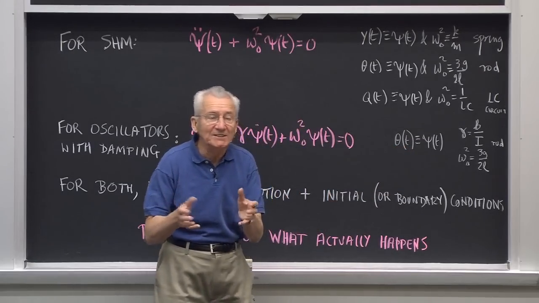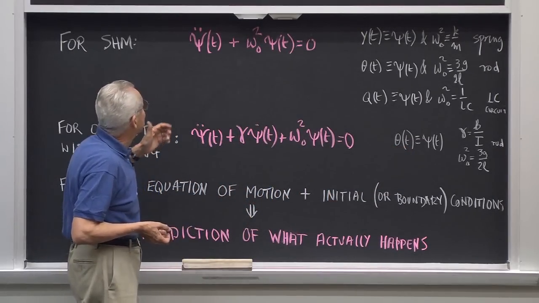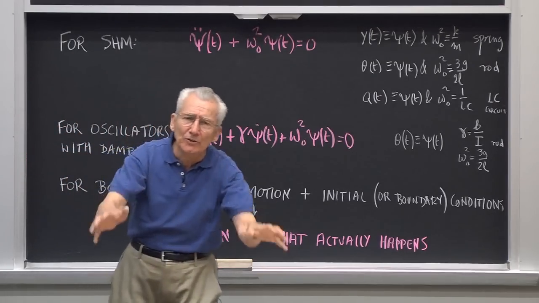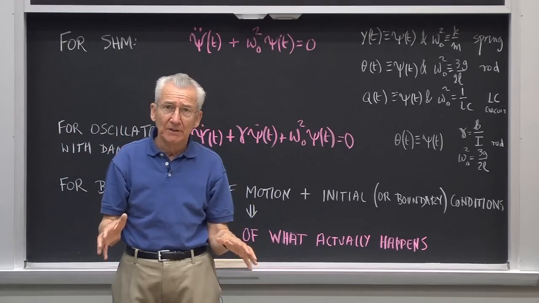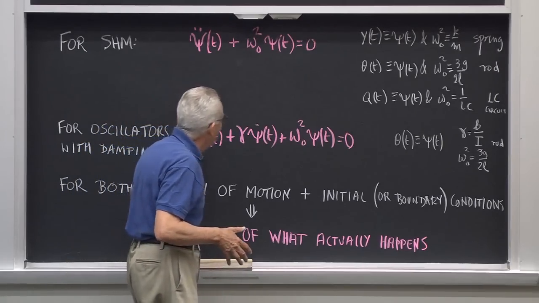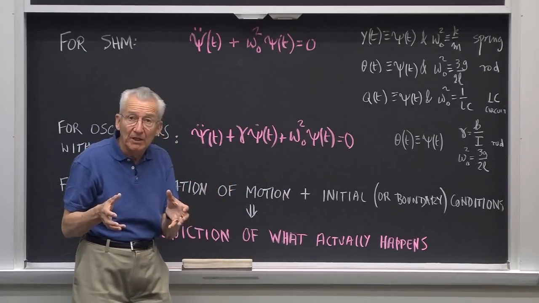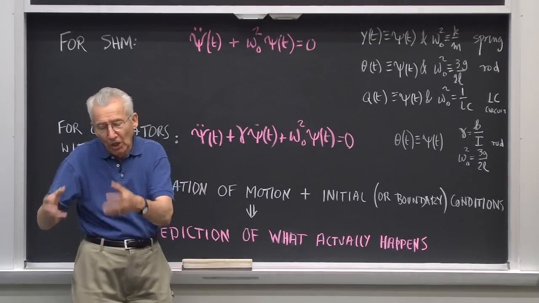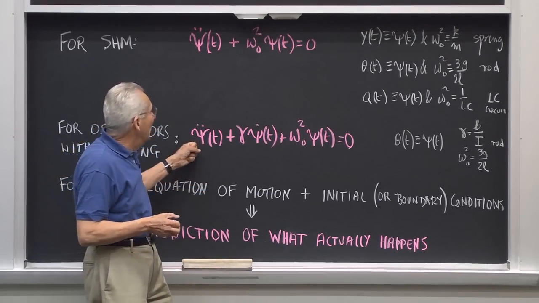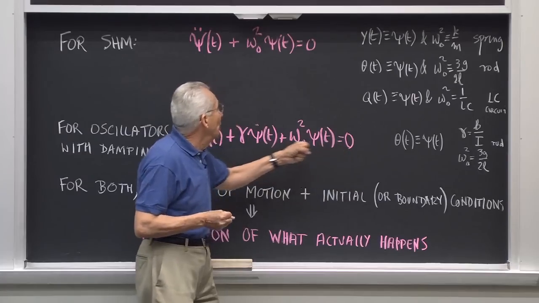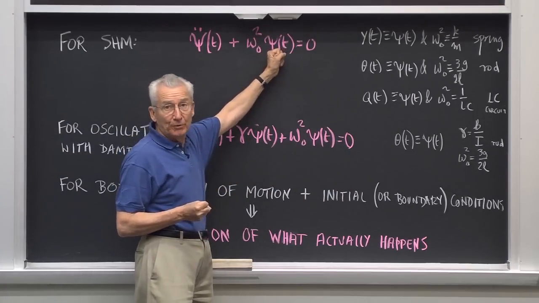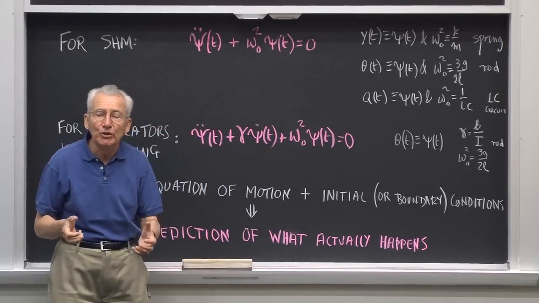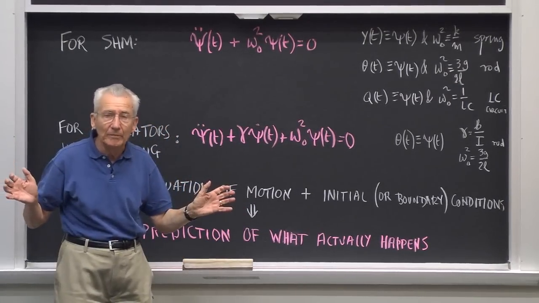I don't have to be an Einstein, by analogy to what I said here, to say, look, I could have taken any one of the oscillators in the universe, and with damping, if the damping is proportional to the velocity or the analogous quantity of velocity, I'll end up with this equation of motion. So this is the equation of motion of simple harmonic motion. This is the equation of motion of damped harmonic oscillators, every one of them.